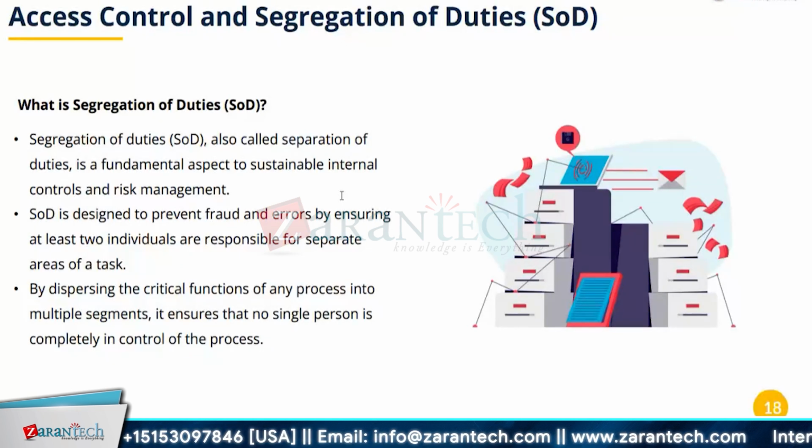Sensitive access on its own is also very critical, so that also should be taken care of while assigning to any individual. But when two or more sensitive risks become combined, they result in segregation of duties, or in short, what we call SODs.